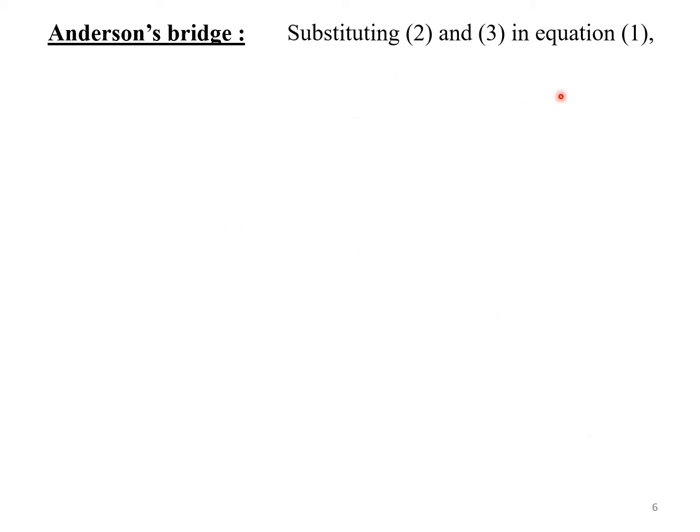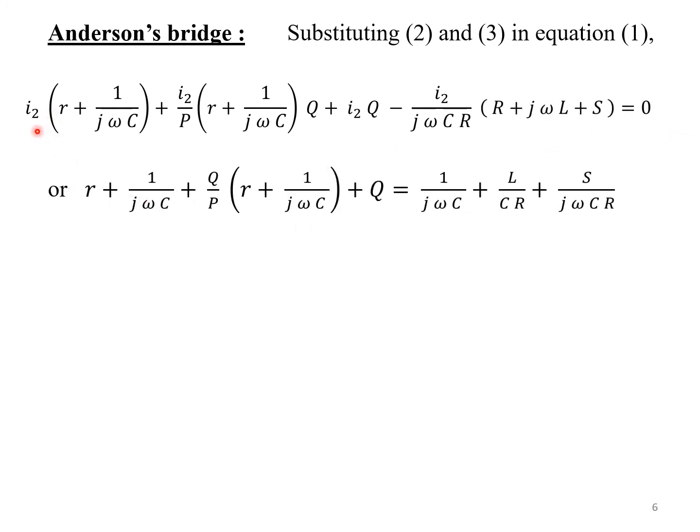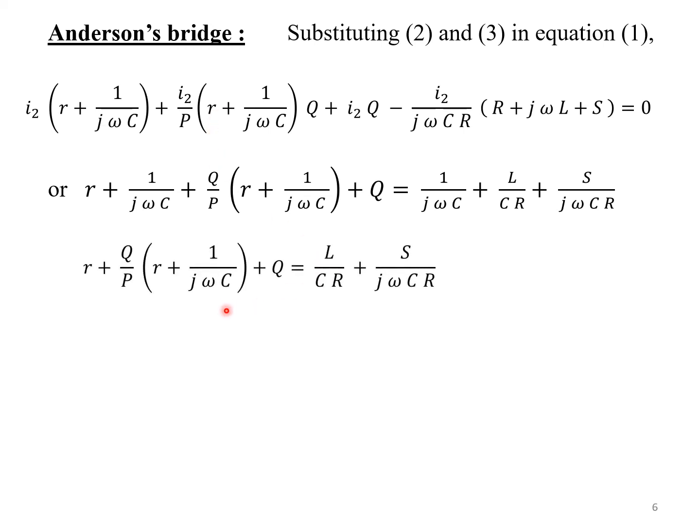So substituting equation 2 and 3 in equation 1, we get this particular equation. And here we can see the common factor, the term I2, which is common. Therefore, we can remove that. And then we can slightly rearrange the terms after opening the brackets, and write the terms as the sum of the real number and the imaginary number.